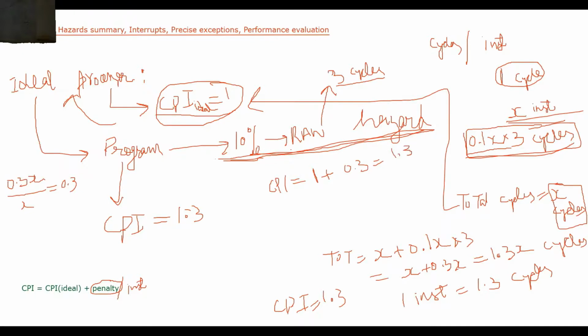The same equation can also be written as CPI equals CPI idle plus fraction of instructions with a hazard into penalty. Now let's use this equation. CPI equals CPI idle, which is 1, plus the fraction of instructions with a hazard.